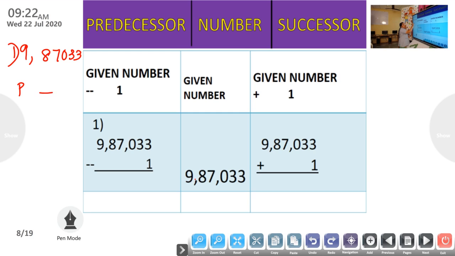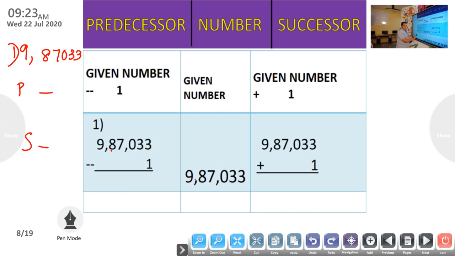Then predecessor is P, successor is S. How do you write the predecessor? Predecessor means given number minus 1. The given number is 9,87,033, so you have to subtract 1 from the given number.